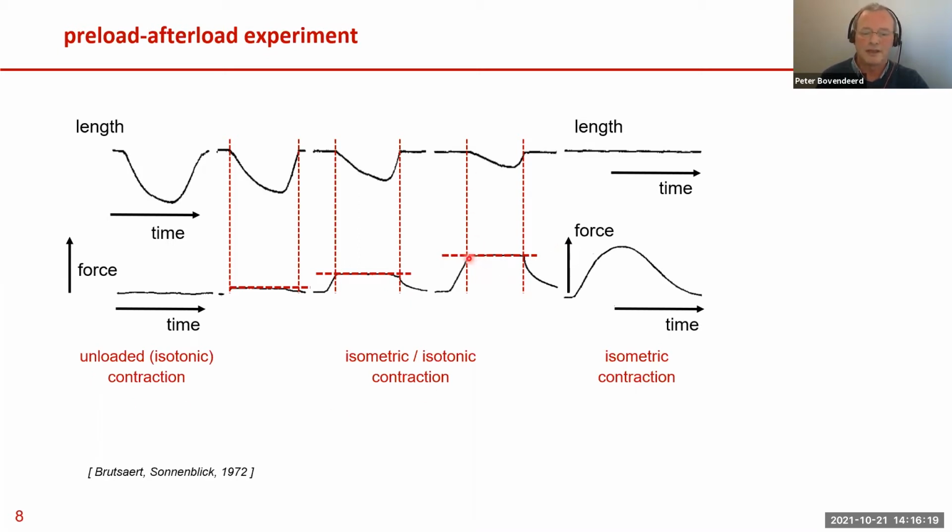So you can see that in this isotonic mode, the force is constant, and then against this constant force, the muscle will shorten, and then it will lengthen again. And once it reaches this, let's say, preload length, then we switch again to the isometric mode. So we can replicate this type of experiment with the simple constitutive models that I showed you before.